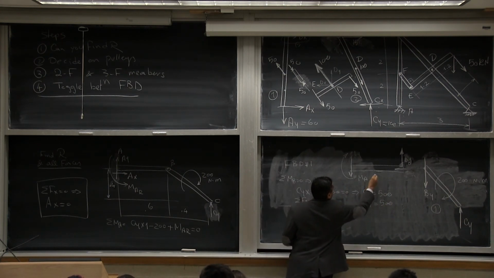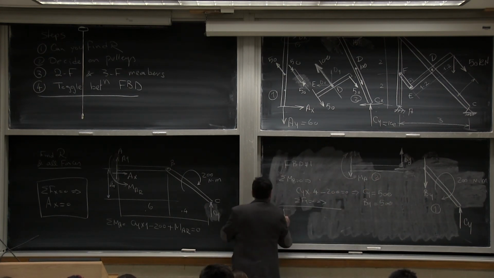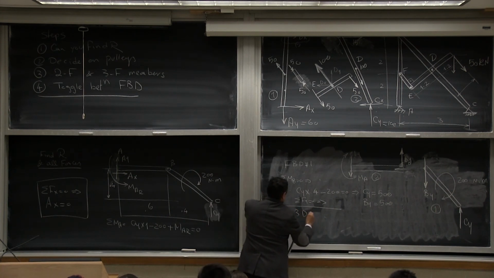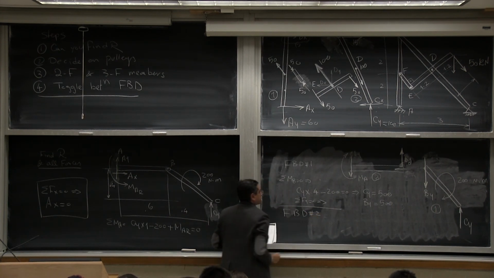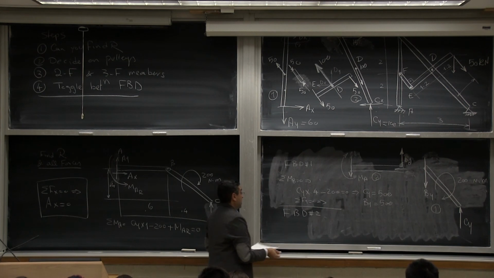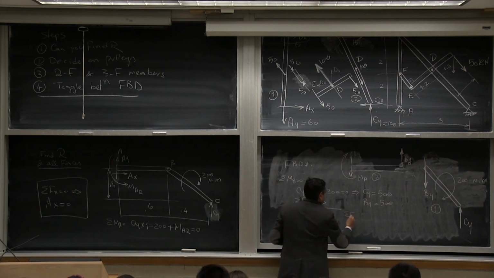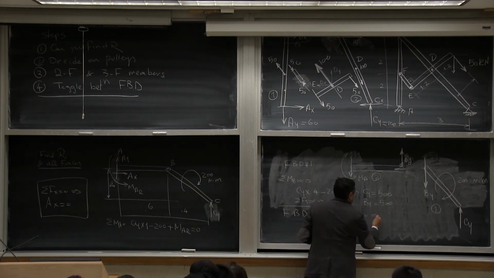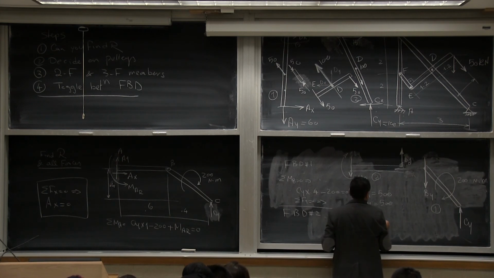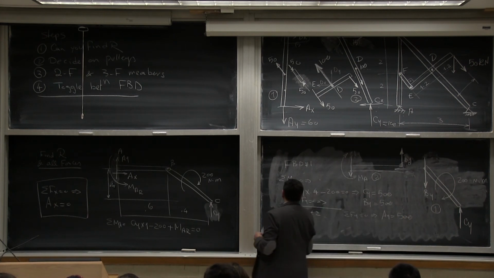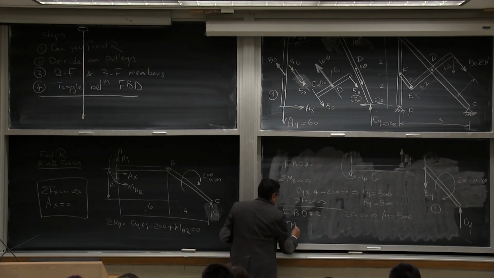And then in free body diagram number 2, Ay, sigma Fy will equal 0. That means Ay will equal another 500. And then I'll say sigma Ma equals 0.